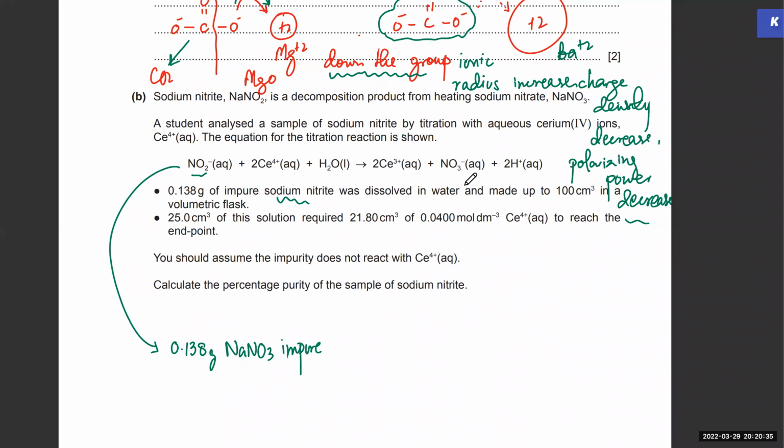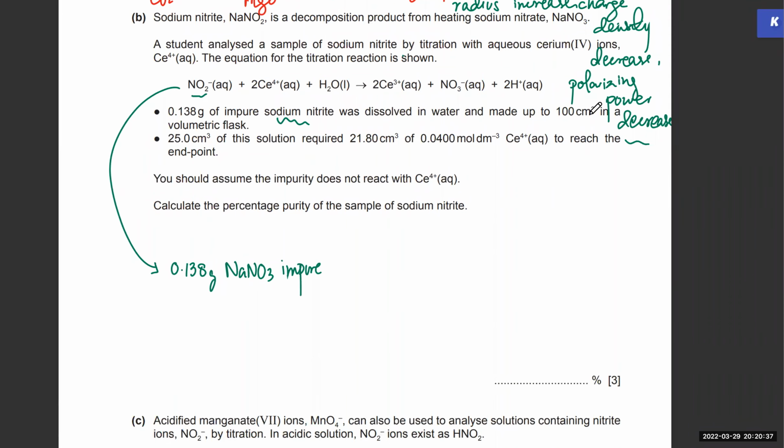He's saying that it's dissolved in water and made up to 100 cm3 in a volumetric flask. So this thing is mixed in water in a volumetric flask, and it's now in the form of a 100 cm3 solution, right? It contains nitrite ions.